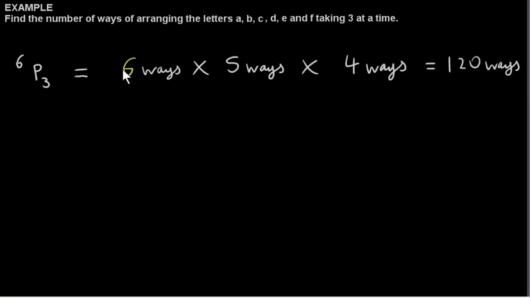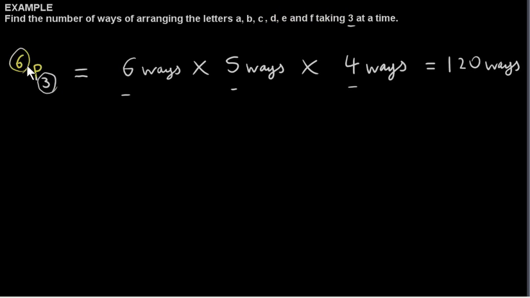So we start at 6 and we multiply back towards 1, so that we just have 3 numbers appearing here, because we're taking 3 of the 6 objects at a time. So 3 appears here, that's the number we're taking, and 6 is the total number of objects that we are arranging.